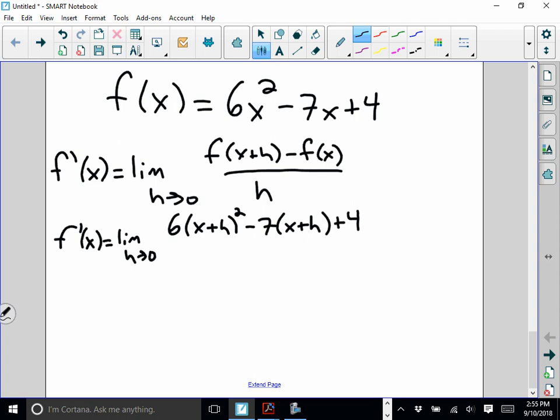I'm going to do that in a different color. Notice here the importance of parentheses around our f of x function. Anytime f of x is a bi or trinomial, we're going to have to make sure we put parentheses around that thing. Okay, and we're going to divide the whole thing by h.